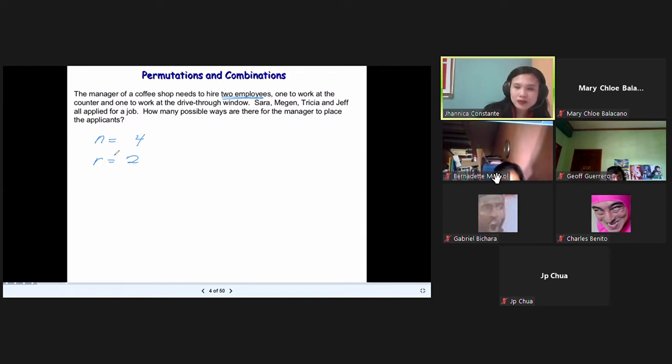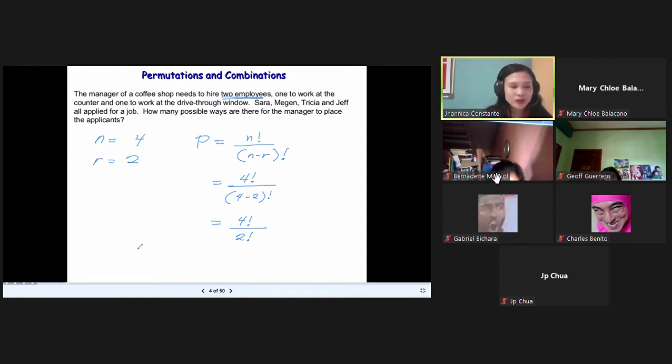So using the formula for permutation, permutation is equal to n factorial divided by n minus r factorial. So our n is 4, divided by 4 minus 2 factorial, which is equal to 4 factorial over 2 factorial.